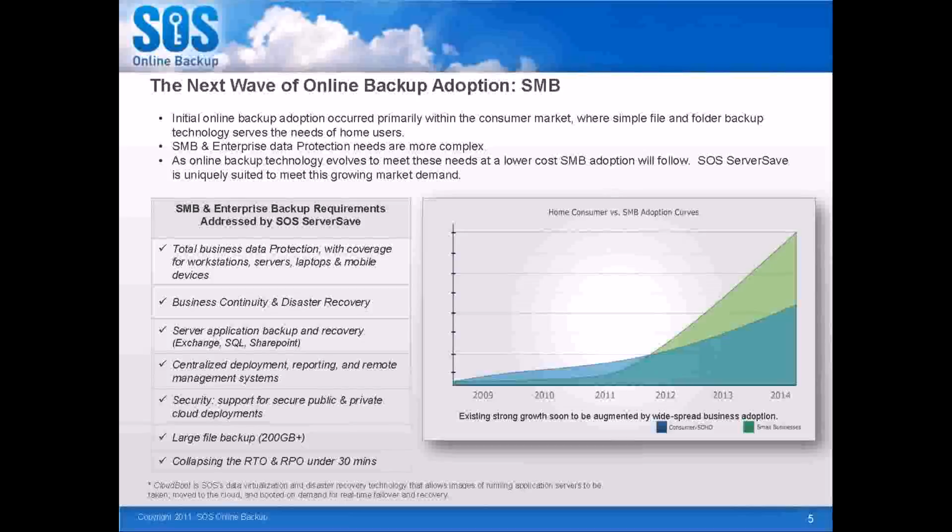But it still doesn't have all these other things. So what we're offering here is total business data protection. Again, coverage from your mobile to your servers. So again, the increase here is not only an increase in adoption of cloud-based backup services, but the increase in the scope of adoption.